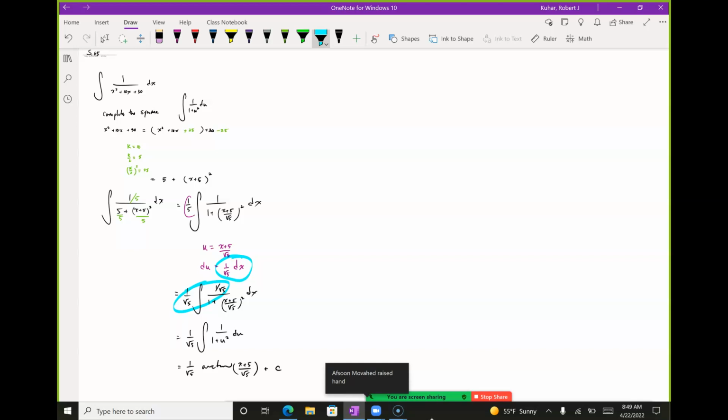I can just leave my 1/5 outside, multiply by 1 over rad 5, and divide by 1 over rad 5. So I can do my same cancel thing. If you don't like what I did here, do the same cancel thing as when I had to multiply by 2 and divide by 2, right? Here you would have had to divide by rad 5 inside and multiply by rad 5 outside, and that's fine. You could do that. Okay.